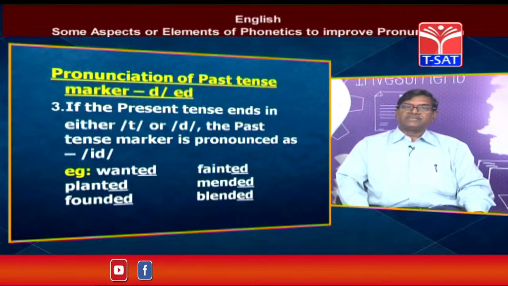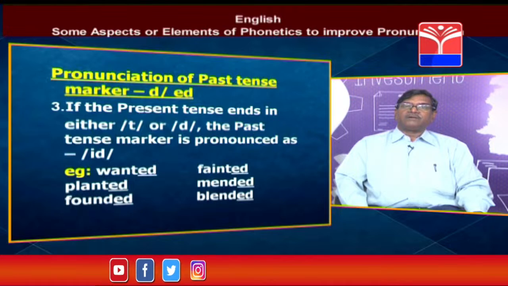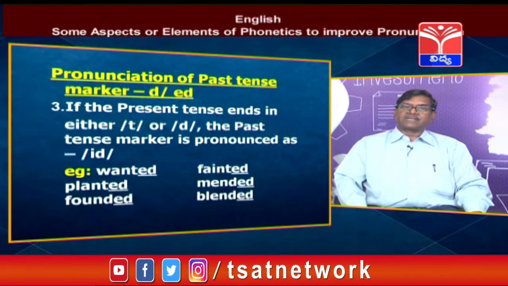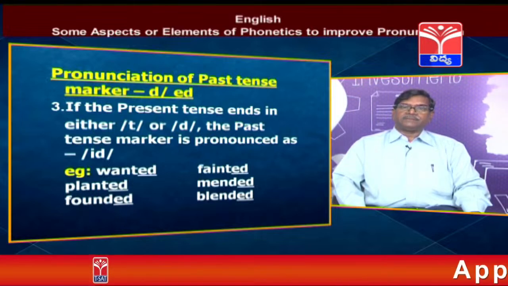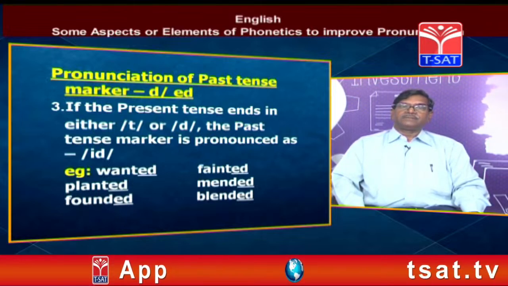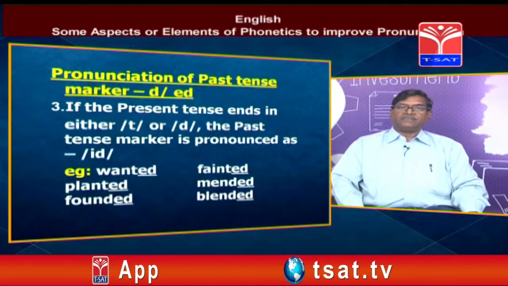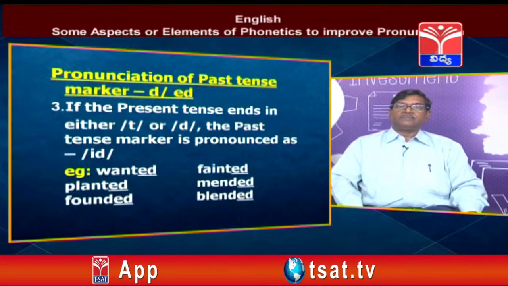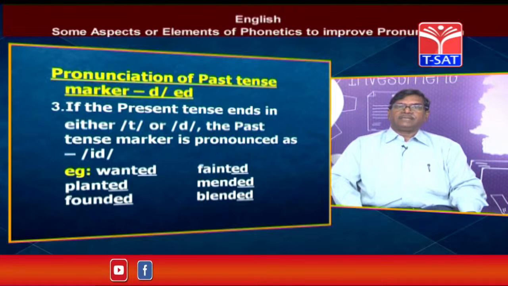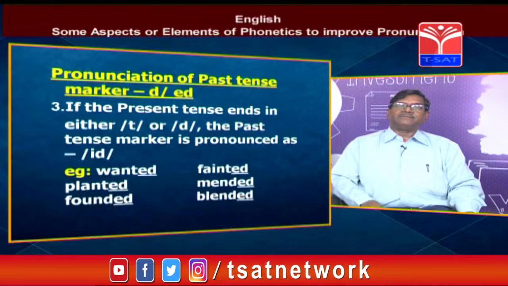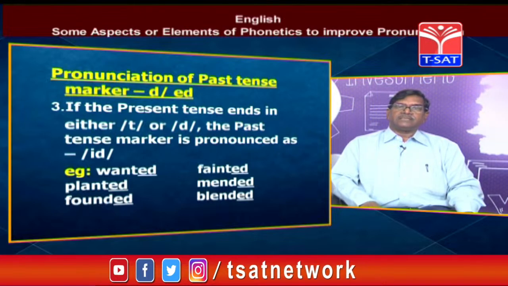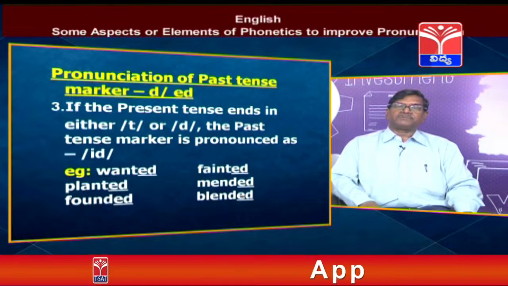The stress shall not be on the last syllable. The stress should be only on the first syllable. Wanted, fainted, planted. Similarly, mended, founded, blended, id. So, if the present tense ends either with T or D, the past tense marker is pronounced as id.